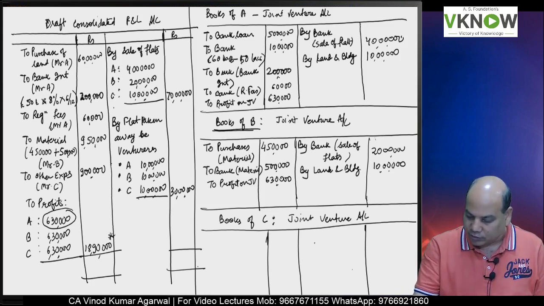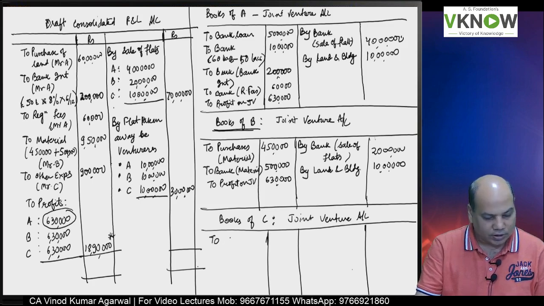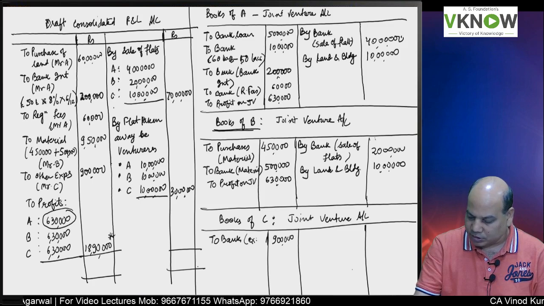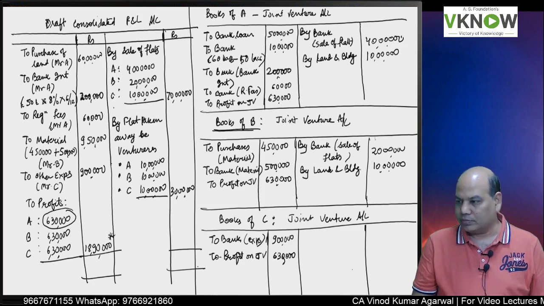And now we'll write entries in the books of C also. C has incurred expenses on behalf of the joint venture, to bank 9 lakh expenses incurred, and to profit on JV his share in the profit is 6 lakh 30,000.